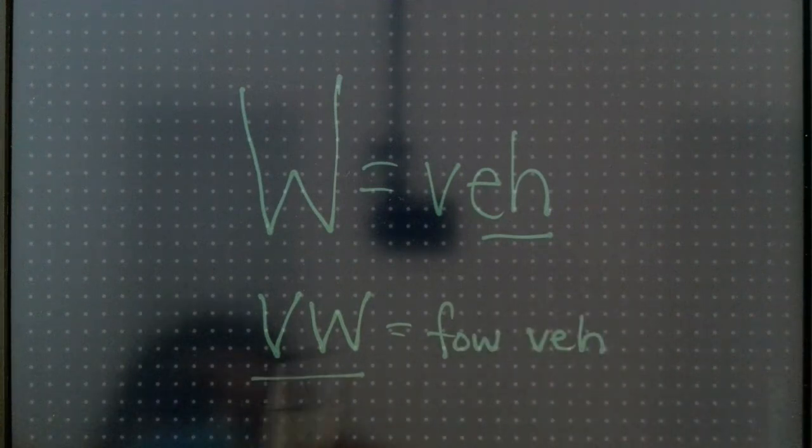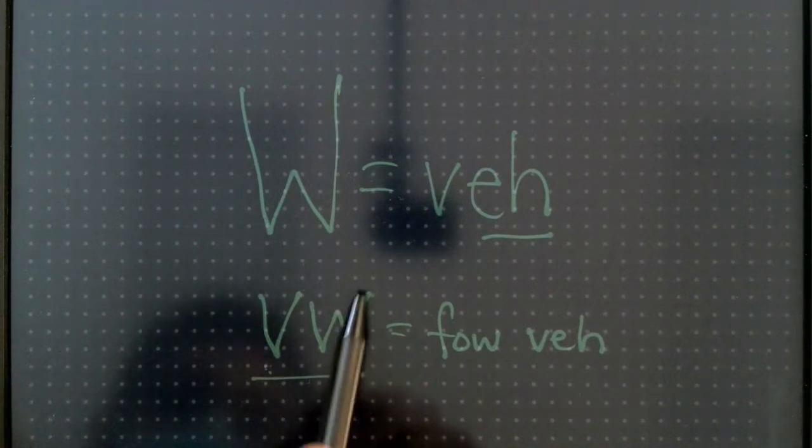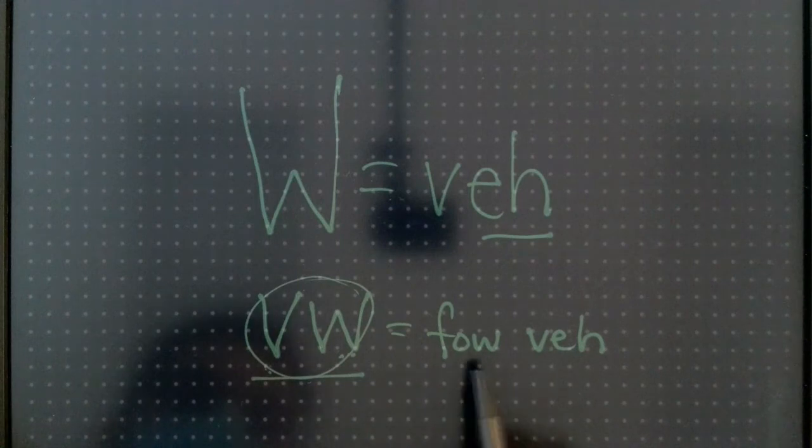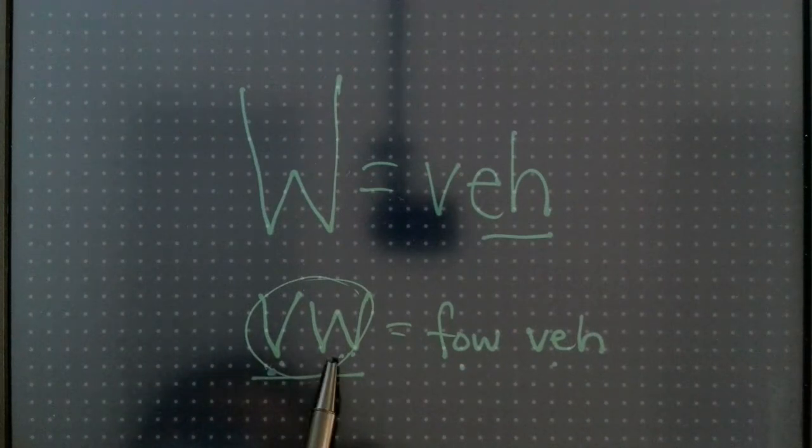When you say the two letters VW, it's "fow-vay." We say the same thing in English. So if you think of their abbreviation in German, VW, it's the same order as the alphabet. So that should help you to remember the pronunciation if you forget or you're not sure. So we have V, W.